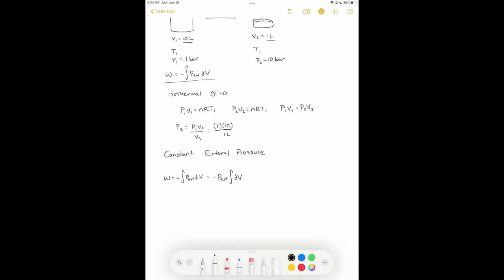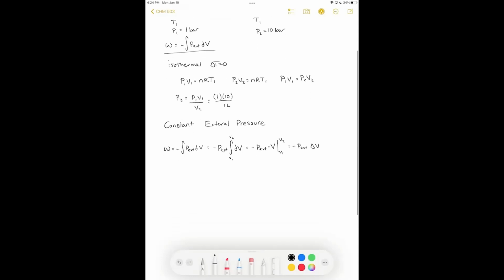And we can integrate dV, that's simply V. So what we end up with is negative P external times V evaluated from V2 to V1, which is negative P external delta V. And this is one way we can calculate the work.